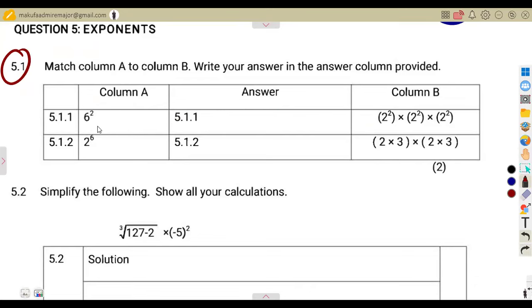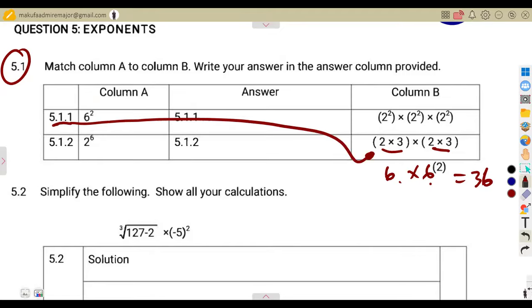They are giving us the first one, 6 to the exponent of 2. Can we say 6 to the exponent of 2 is this? No. 6 to the exponent of 2 is 36. 2 times 3 is 6, 2 times 3 is 6, 6 times 6 is 36. So 6 to the exponent of 2 is best matched to this one in column B.